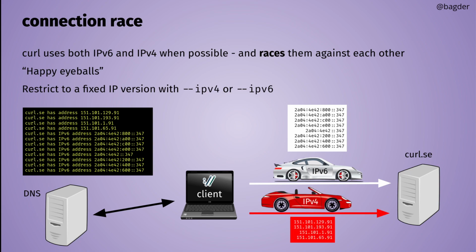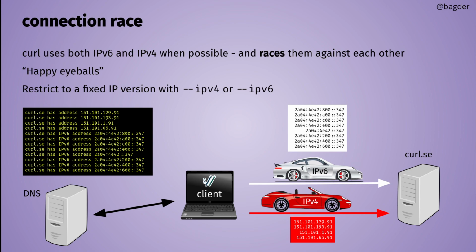So they will go in parallel at the same time, and the one that succeeds first wins. In this case, it gives IPv6 a little head start to prioritize it a little bit. But if it's slow for some reason or fails, IPv4 might win.